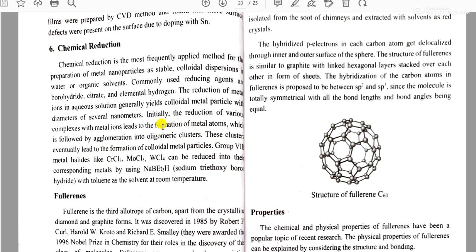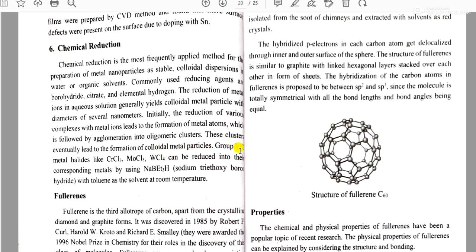So these clusters also have very high energy. So oligomeric clusters is the name given for clusters with 1 to 50 atoms. So these clusters, because of their high surface energy, will agglomerate and eventually give colloidal metal particles.